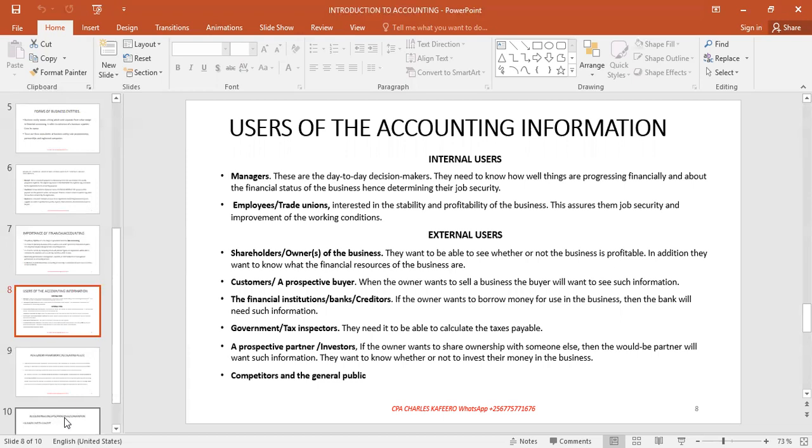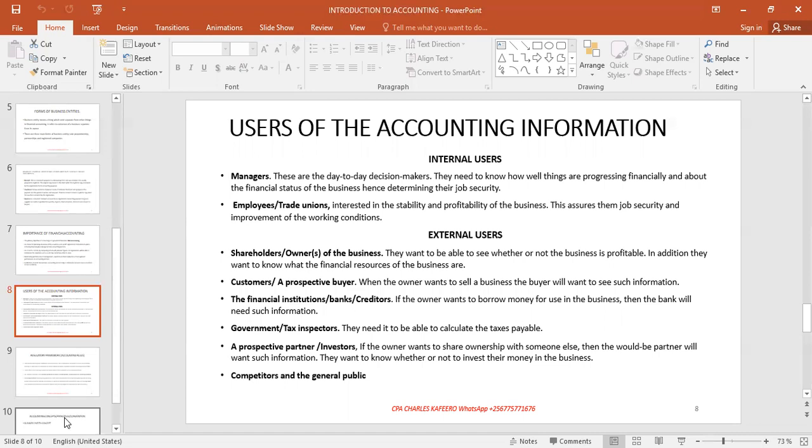But what do managers want from this accounting information? We have to find the users themselves and their interest in the accounting information. So when you find a question and it is asking about the users of accounting information, don't just give managers and stop there. What do managers want from the accounting information?